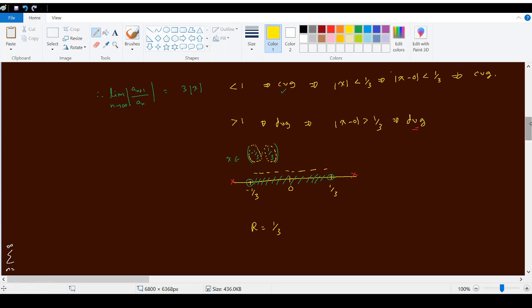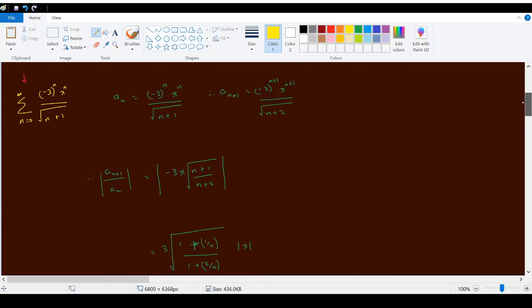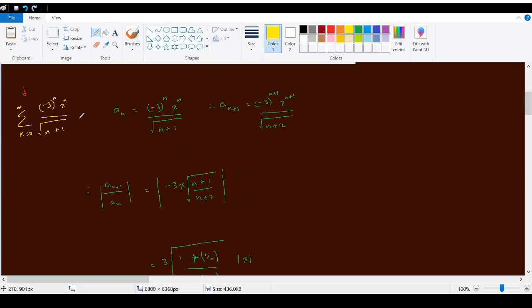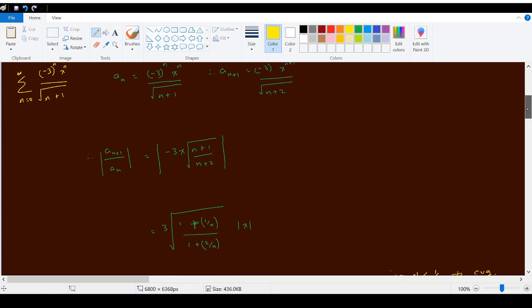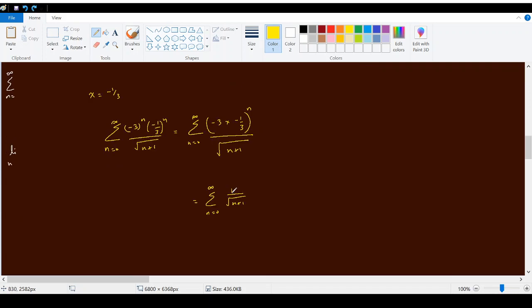So for the endpoints, we should do the calculation manually, right? So when x is -1/3, we should substitute -1/3 in here, -1/3 for x, and then see what will happen. So when you substitute -1/3 in the series, then the series will be like this. See, instead of x, I have substituted -1/3.